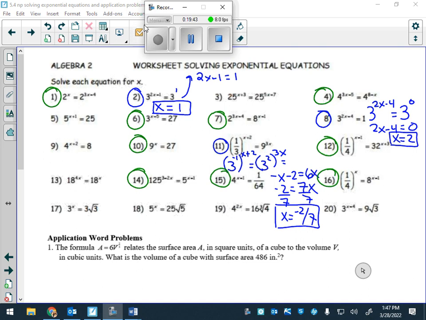Divide by 7. -13/7 is your correct answer. Number 14 is correct: 10/7. Because 125 and 5 have 5 in common, so just rewrite 125 as 5 cubed. Number 15, good, is negative 2.